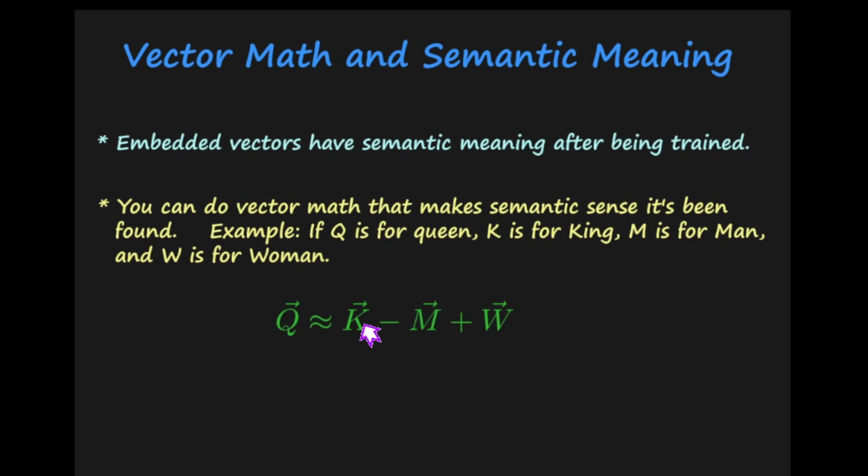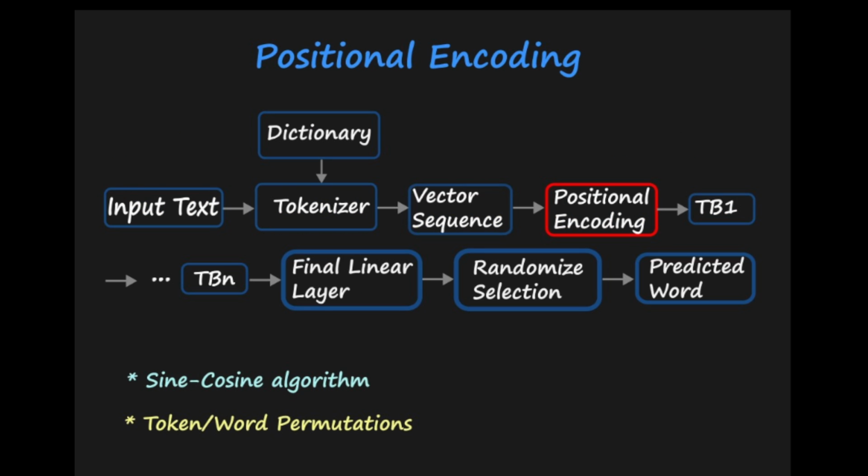You can say king minus man plus woman is equal to queen. That actually works, and it's found for case after case of different vectors, different words, different tokens, that this actually works. So that's a pretty remarkable thing to keep in mind. It's worth noting, and it's worth understanding.